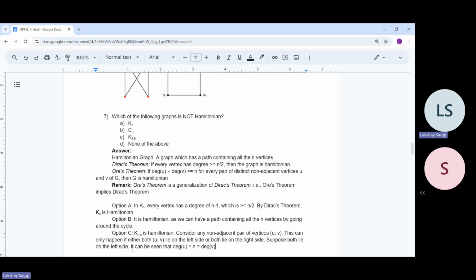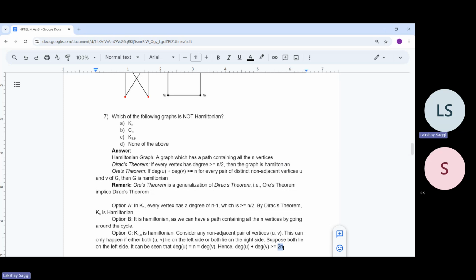That's why degree of u is equal to n is equal to degree of v. Hence degree of u plus degree of v is greater than or equal to 2n. It may seem that we only had to show that the sum of degrees is greater than or equal to n, but we actually obtain greater than or equal to 2n. So this is even stronger.